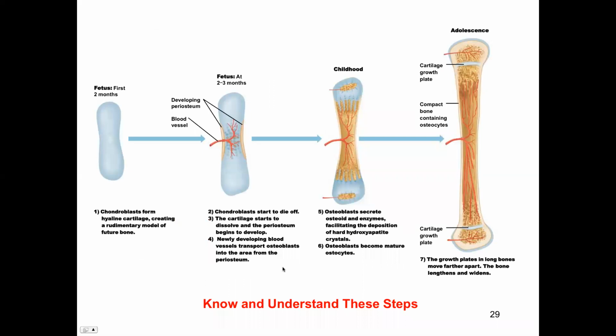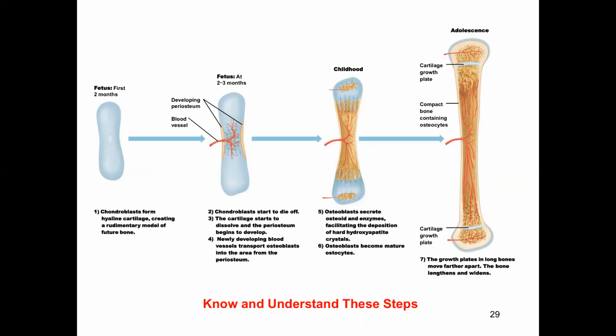Now, how does this take place, all right? I talked about the growth plate, but I probably should have shown this slide before talking about it. Basically, if you're looking at the long bones in the fetus, in the first 2 months you get this cartilage model.